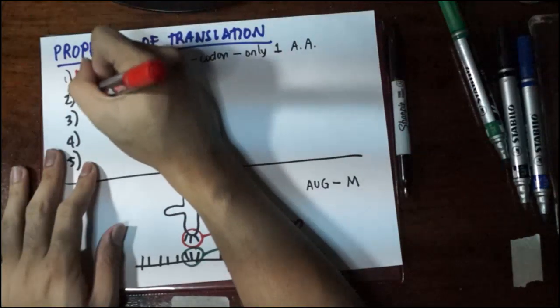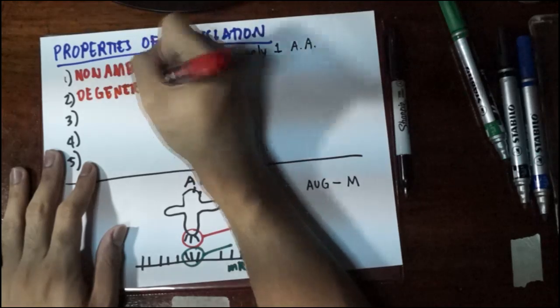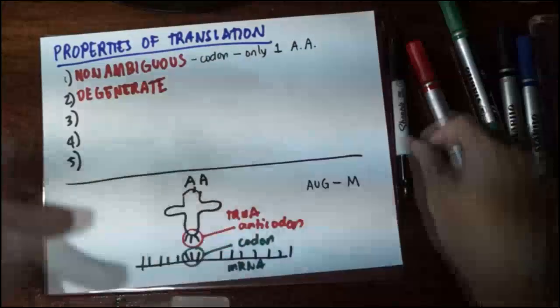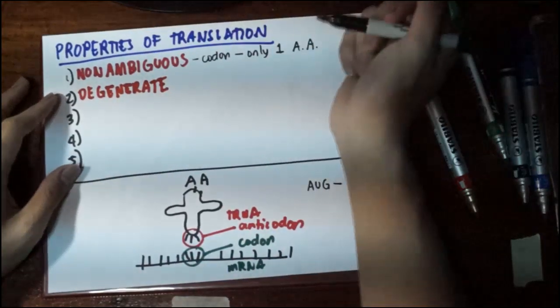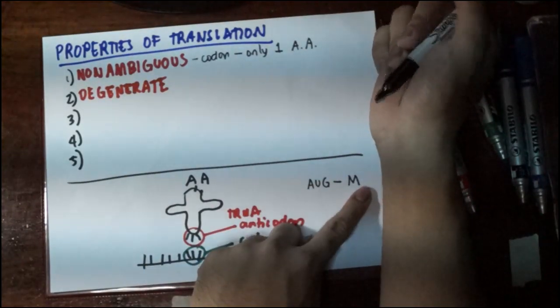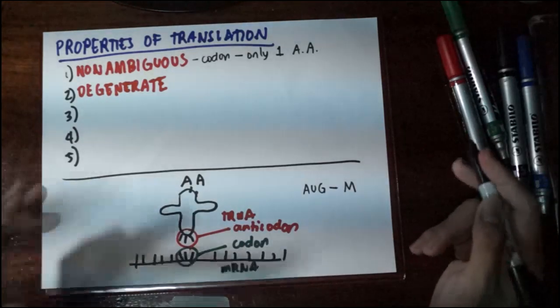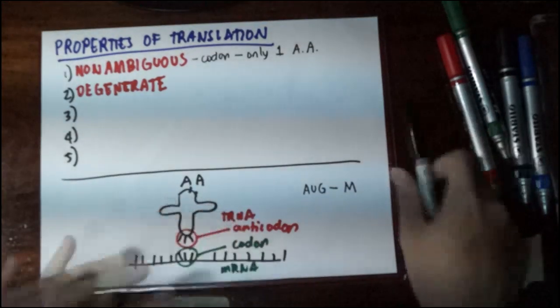Second, degenerate. If you put the non-ambiguous rule the other way around, the codon will code for only one amino acid, but one amino acid could actually be coded by more than just one codon. I'll try to look one up, for example.